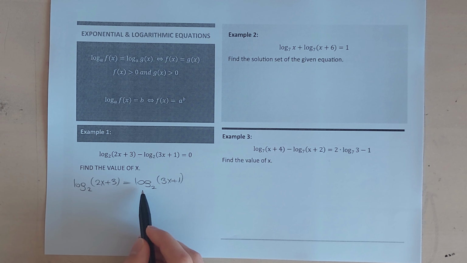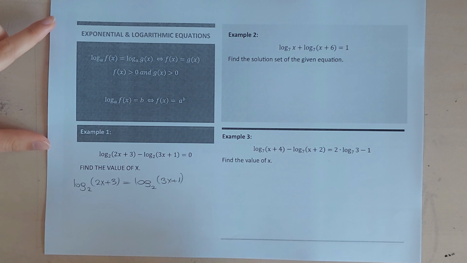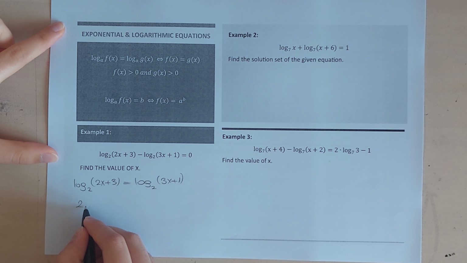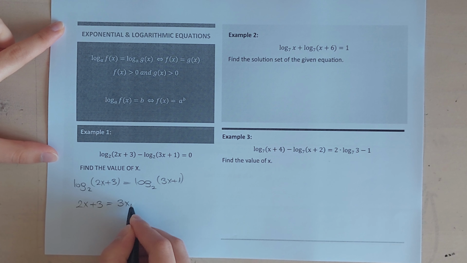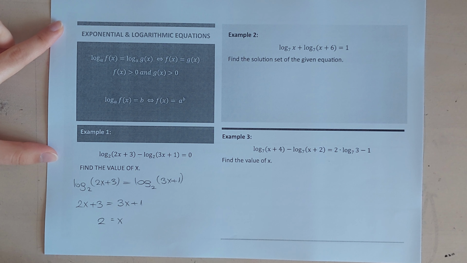They are both logarithmic functions, and the bases are equal, they are 2. That's why the inside of the logarithmic functions also must be equal to each other. Then we get 2x plus 3 is equal to 3x plus 1. If you move x to one side and 1 to the other, we get x is equal to 2.